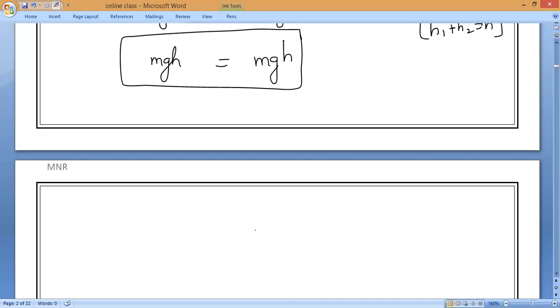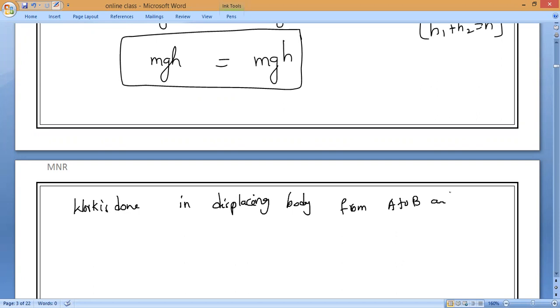Work is done in displacing the body from A to B, and next, C to D. C to D is equal to the total work done.